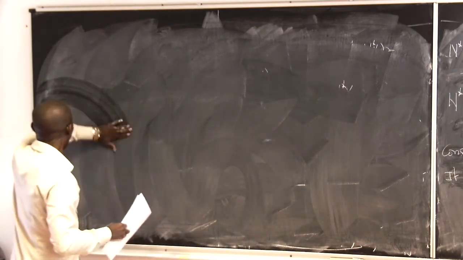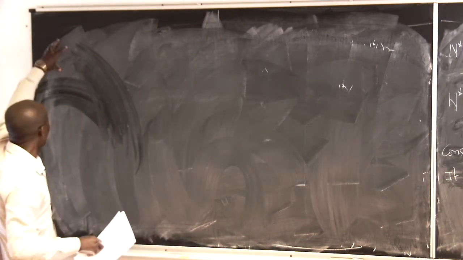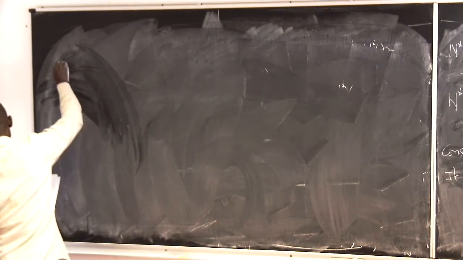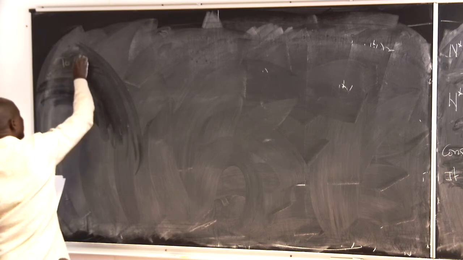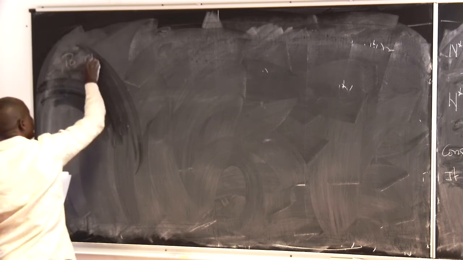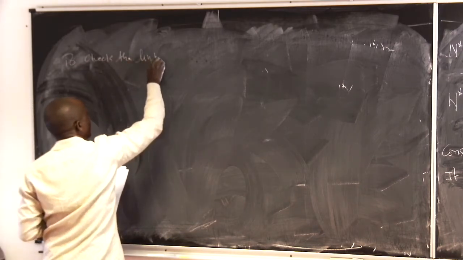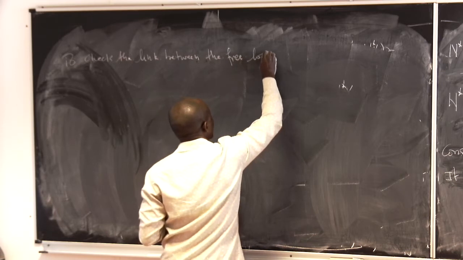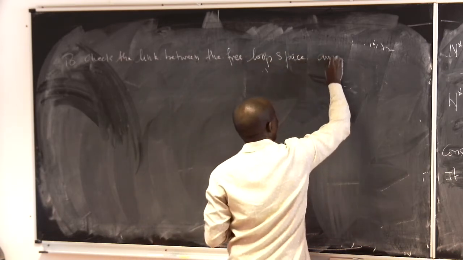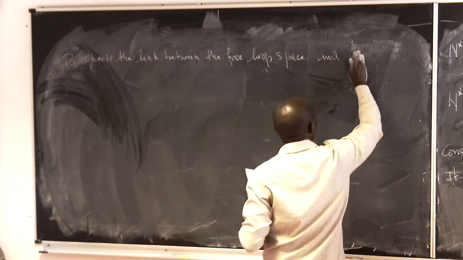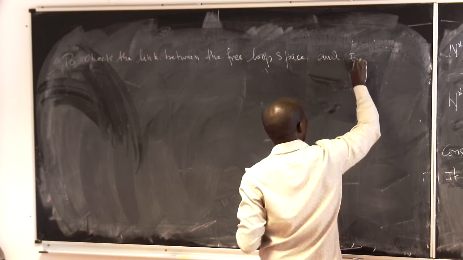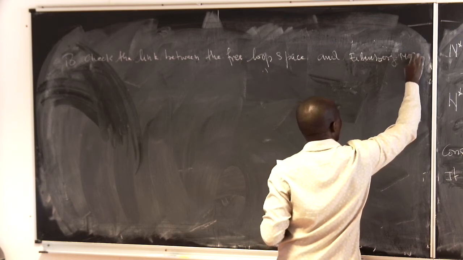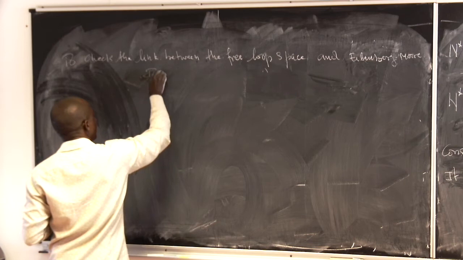Now to go on with the relation between the free loop space homology and the Allen-Belmore tau, we consider the free loop space and the Allen-Belmore tau. We consider this.